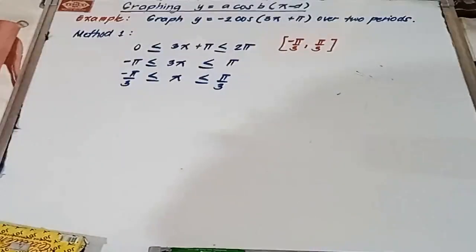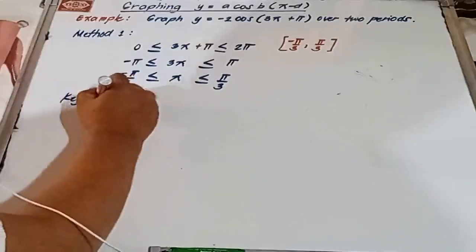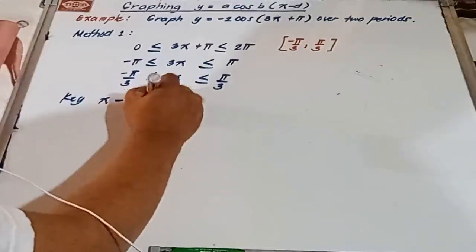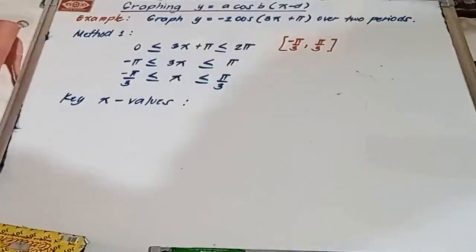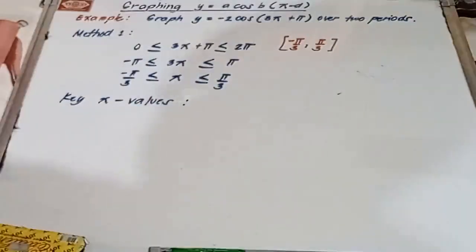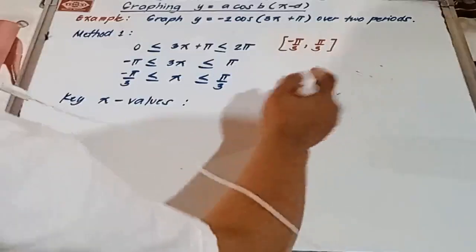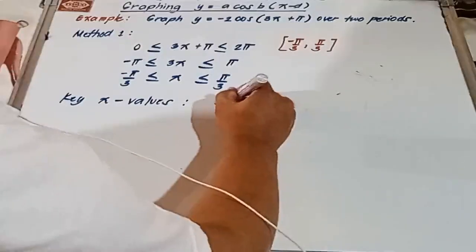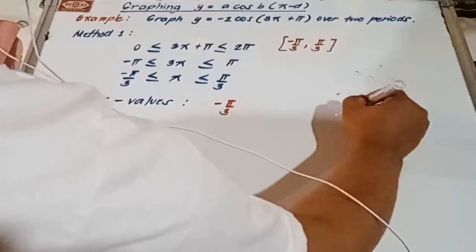Next is, kunin natin yung key x values. Paano makukuha yung key x values natin? We're going to apply the concept of midpoint. So, di-divide natin to 4 equal parts yung ating interval. Negative pi over 3 is the least, at yung pinaka mataas is pi over 3.